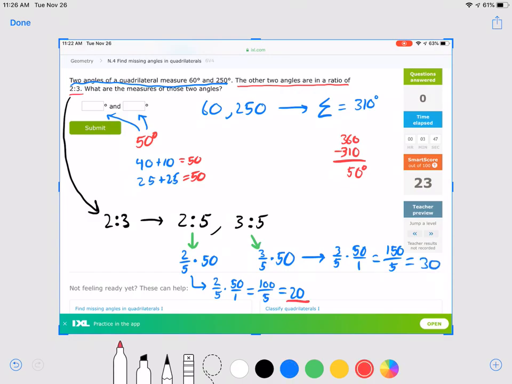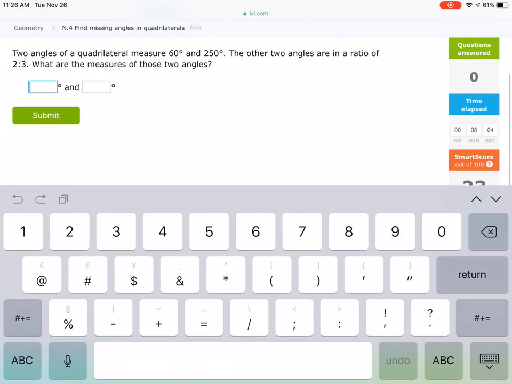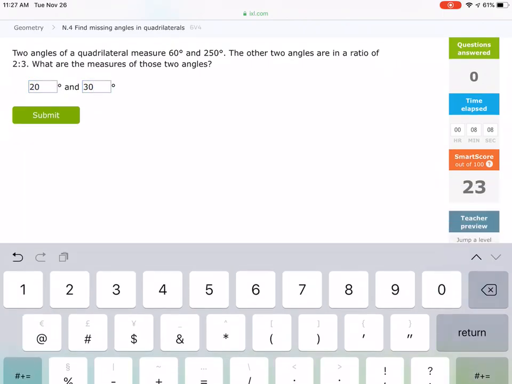So we get 20 and 30 degrees is what the last two angles are going to be. Okay. So this will be 20, this will be 30. Done. Delete screenshot. Let's plug it in. 20 and 30. Submit.